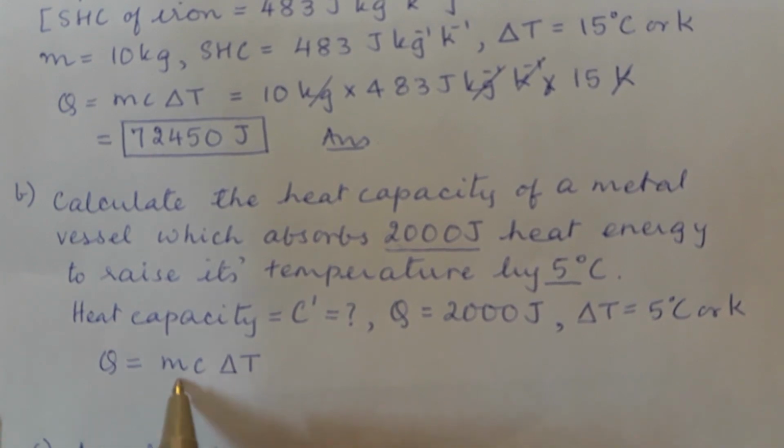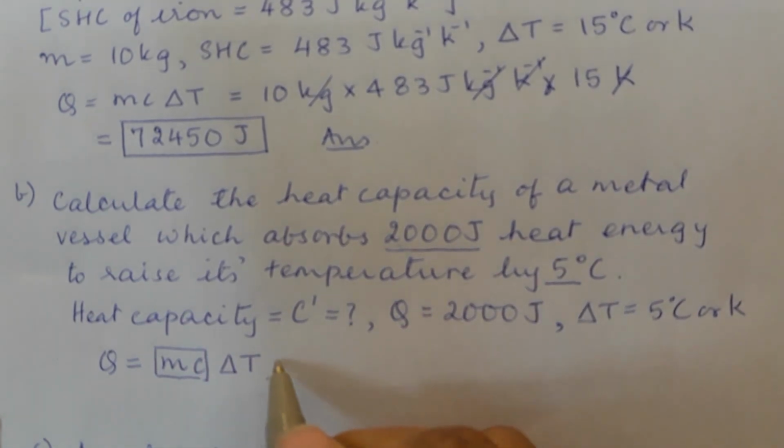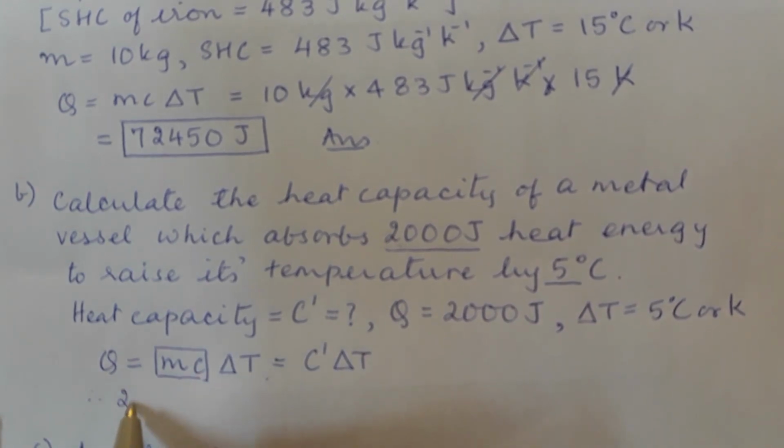Now Q is equal to M C delta T, but we already know that C dash is equal to M into C. So we will write it as C dash delta T. And therefore you will have 2000 joules is equal to C dash multiplied by 5 Kelvin.